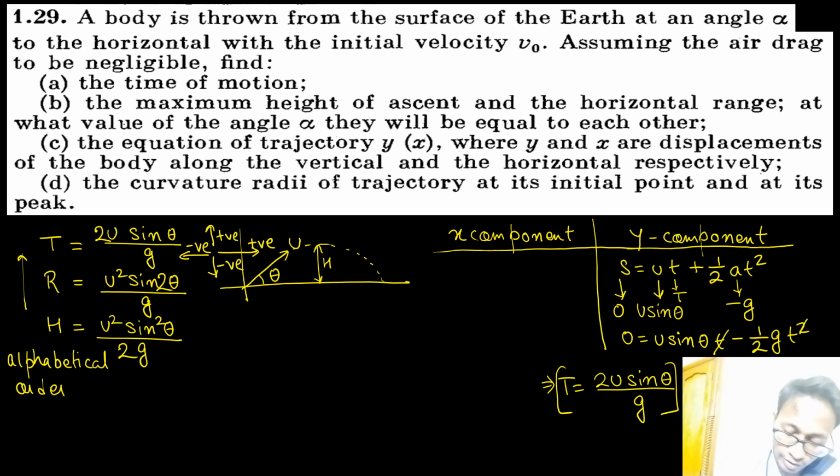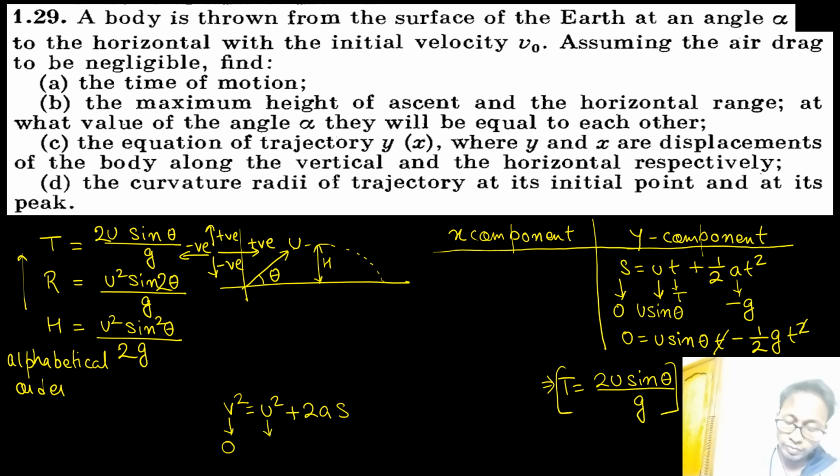Can I use v square equals u square plus 2as? What is the y component of velocity at maximum height? At maximum height, the velocity of the projectile would be parallel to the ground. So the y component of velocity at maximum height is equal to 0. Understood this one?